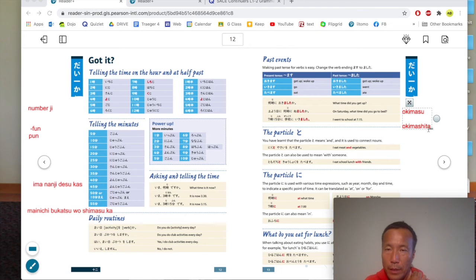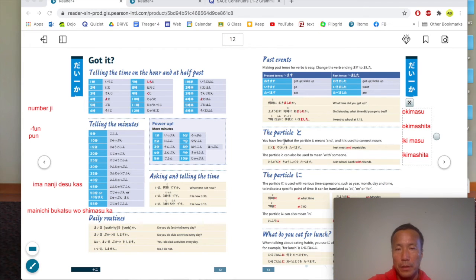So I got up. Let's take a look at another example. 行きます. Go. Went is 行きました. So ます to ました.